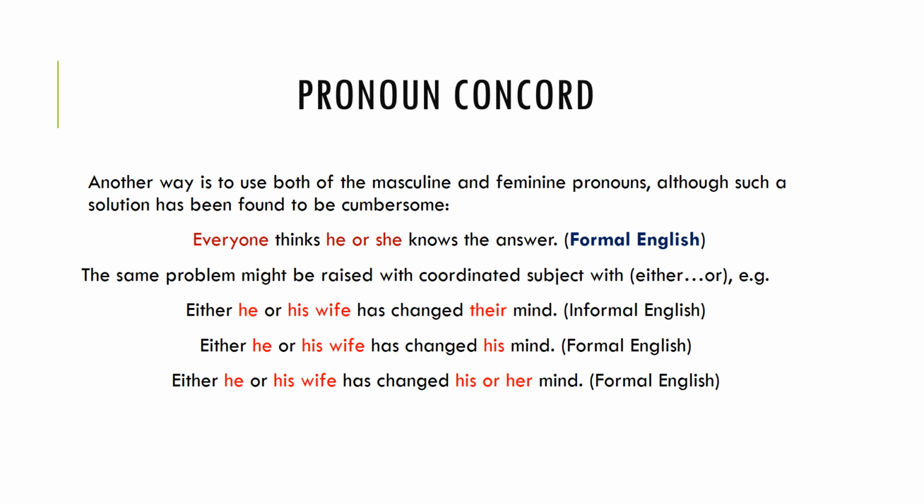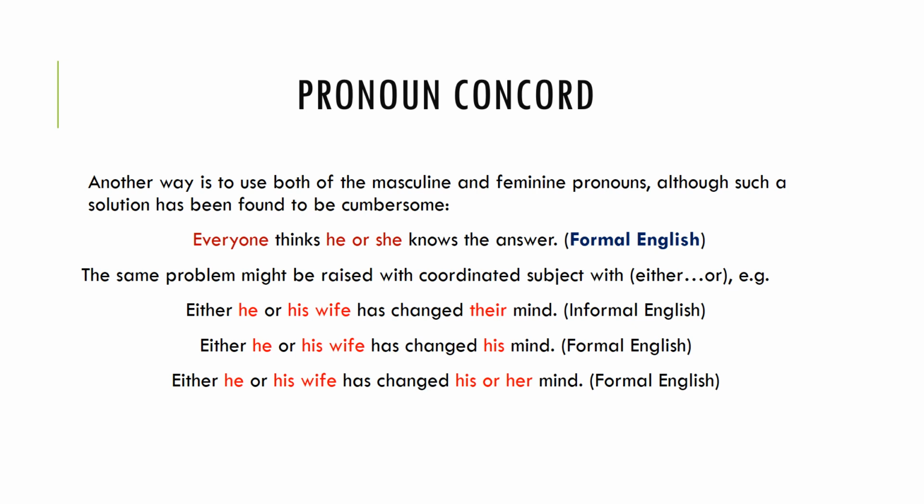Here in this sentence we have used both forms of the pronoun: he, the masculine pronoun, to refer to the males, and she, the feminine pronoun, to refer to the females. Although some grammarians believe that such a solution might be found cumbersome, lengthy, and not desirable by all people.